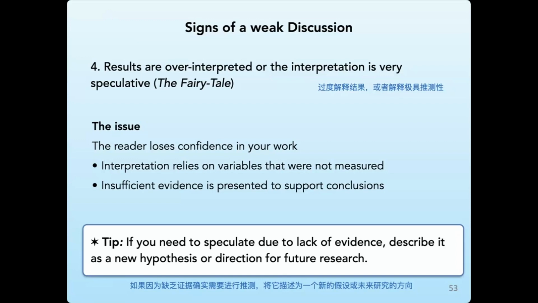And if you need to speculate because you don't have the evidence, then you can also present that as a new hypothesis or a new direction for future research. So a knowledge gap that needs to be filled by further study. And then you've also demonstrated how your results are advancing the field.